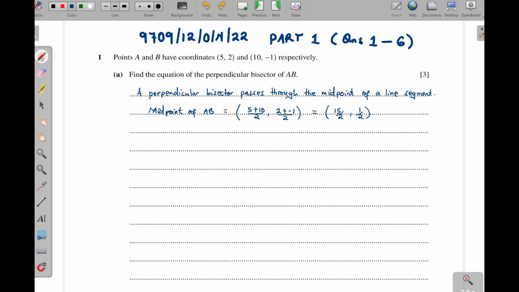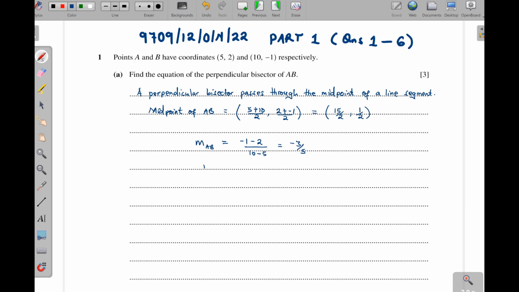Okay, so we shall need to find M1, or the gradient of AB. This one is going to be change in y, so this is -1 minus 2, out of the change in x, this will be 10 minus 5. So this one will give us -3 over 5.